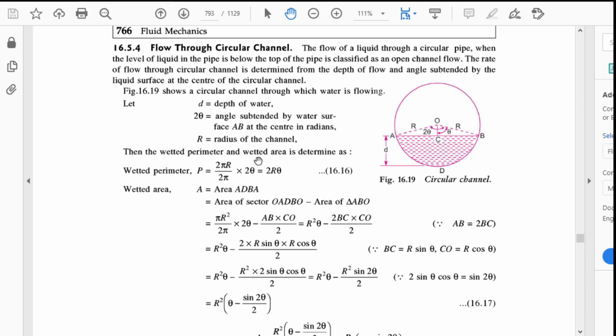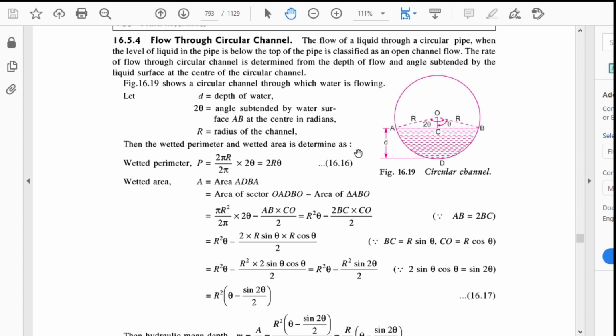Now, how to calculate the discharge or flow through that open channel? Firstly, we are going to calculate the flow through a circular channel, and next we will move to the most economical circular channels. As I have already explained, when the level of liquid in the pipe is below the top of the pipe, it is classified as open channel flow.